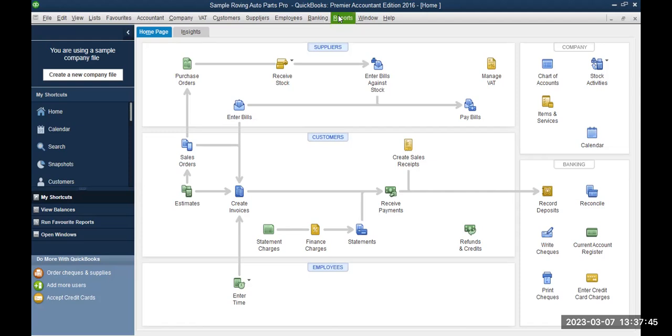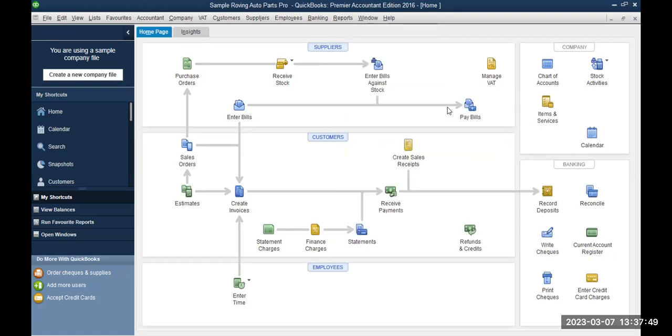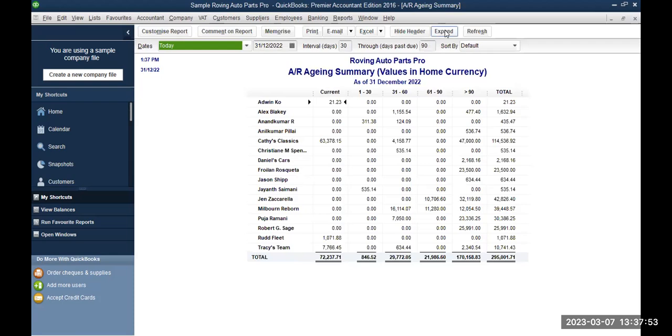So going back to the accounts receivable. In this accounts receivable report, let me just collapse it. When you're looking at your accounts receivable report, you'll see that you have some small balances. It might be that Edwin Co doesn't actually owe you the $21.23.